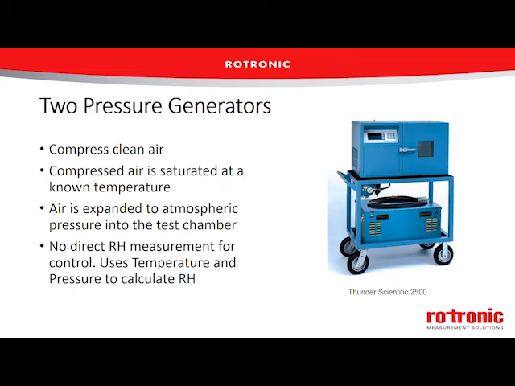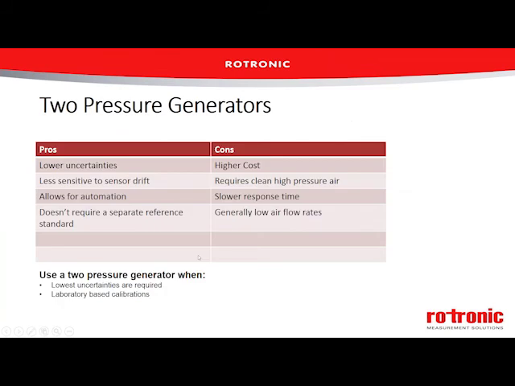And that pressure difference is calculated or measured very accurately, and because we know a very specific pressure difference, and we also know the temperature hasn't changed, or as much as it changes, we can calculate a very exact relative humidity. And that's how those work.